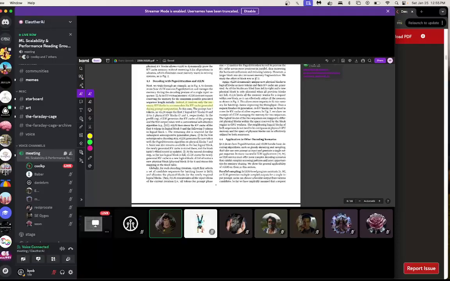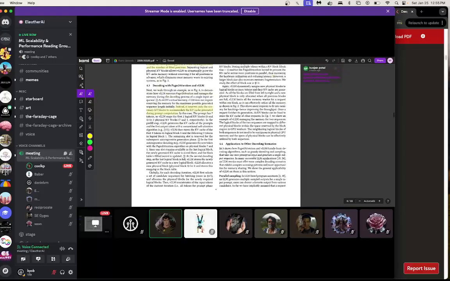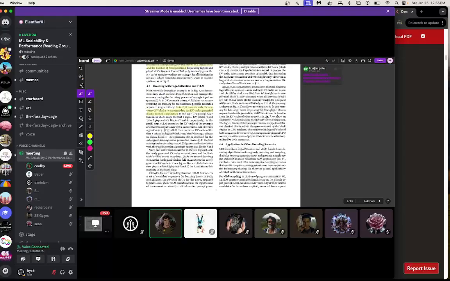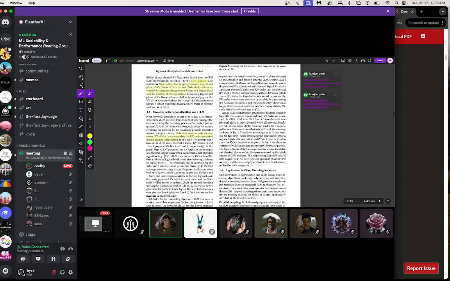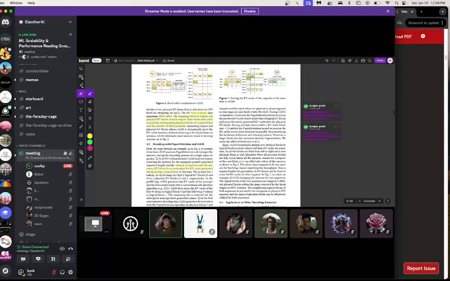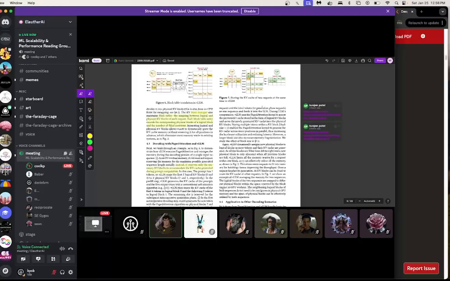So when candidate sequences are being added to the new batch, the block manager performs these actions for each sequence. Then vLLM concatenates all the input tokens of the current iteration, i.e. all tokens for the prompt phase requests and the latest tokens for the generation phase requests, as one sequence and feeds it into the LLM.